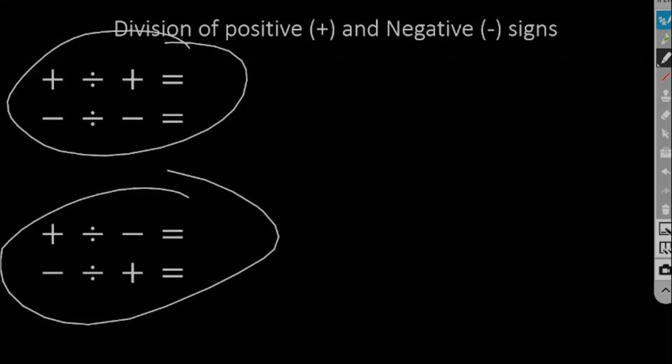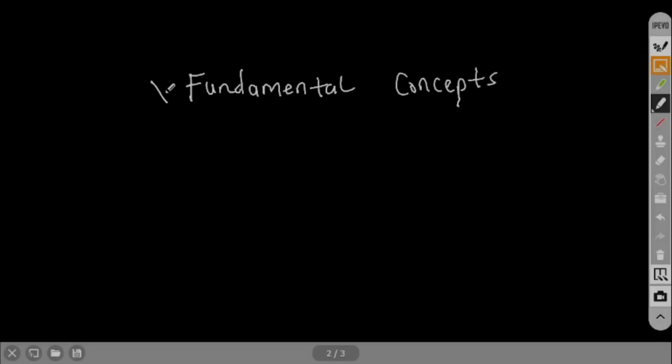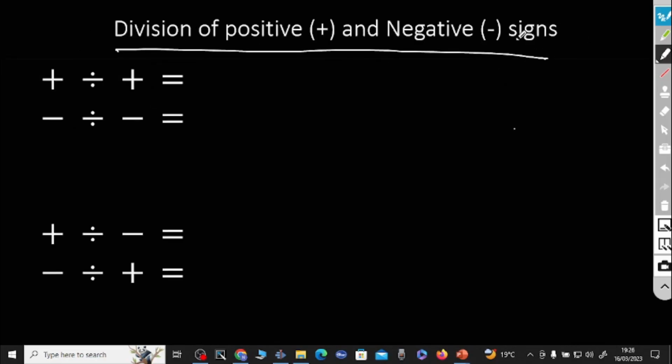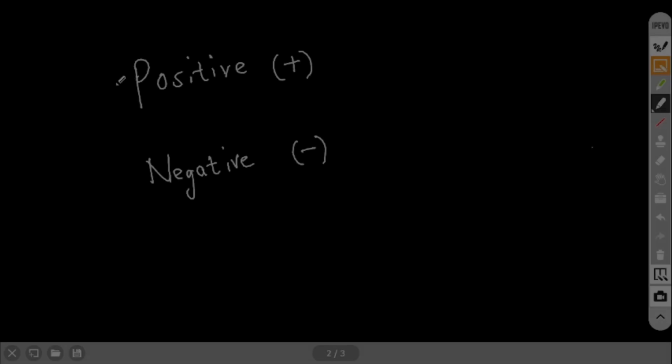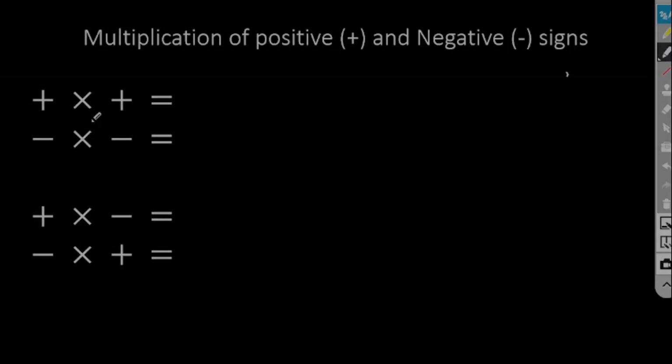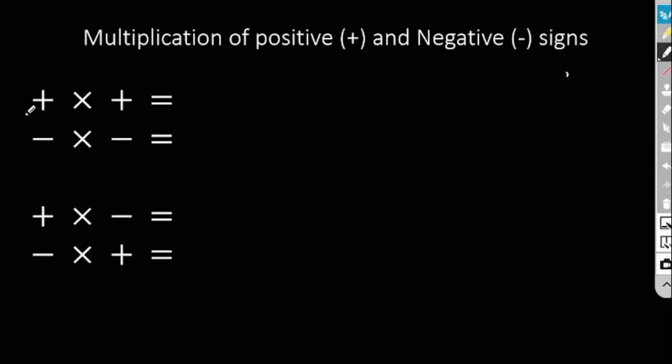To be able to get this concept and apply it, we need to look at the fundamental concepts of multiplication and division of signs. When we talk about signs here, we are referring to positive and negative signs. Let us consider these different instances. In the first instance, we have a positive times a positive.